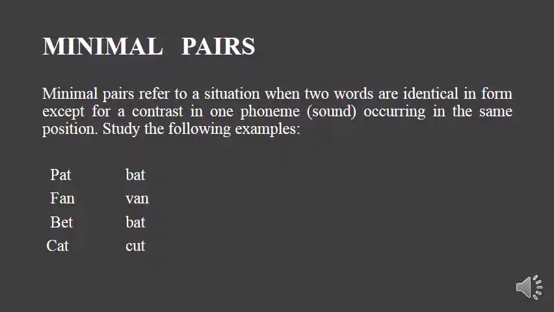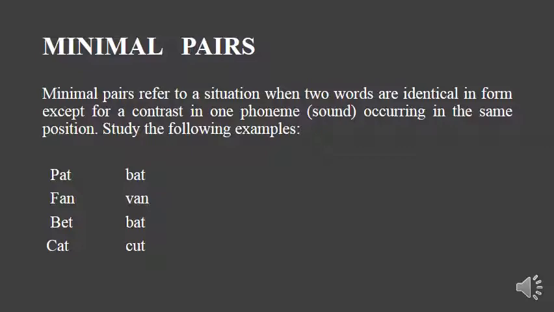For example, in the example given here, on the left side, you can see there is pat, while at the right side is bat. That is P-A-T and B-A-T. You can see that they have the same form, but the only difference is the consonant sounds used at the beginning of the words, that is p and b.